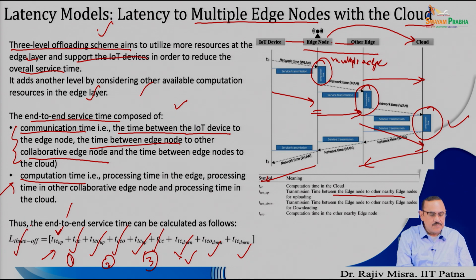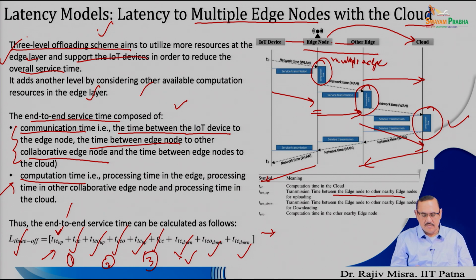So, this becomes the 3-level offloading scheme, and we have seen the end to end service time requirements in this model. So, this is the most generic model. This model is quite flexible in terms of giving more resources at the edge layer, thereby supporting a much wider variety of latency sensitive applications, whether it is a self driving car or some other type.